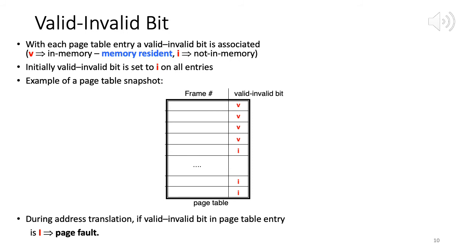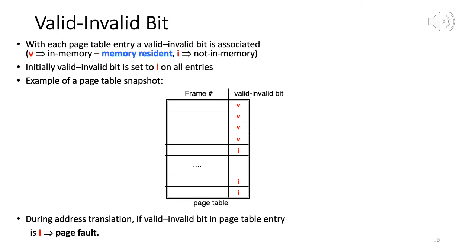So we are seeing frame numbers and valid invalid values for a page table belonging to a particular process. During address translation, if the valid invalid bit in a page table entry is I, it means we have a page fault.